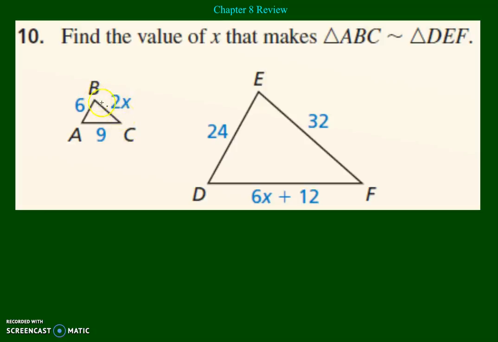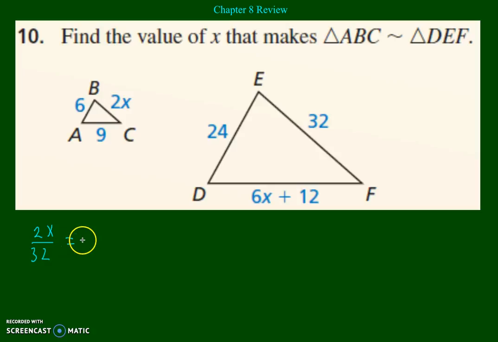This is the simplest expression for x, so I'm thinking I'd like to use that. BC corresponds to EF. So that's good. So let's write down the beginning of our proportion. We have 2x is to, so BC is to EF, 32.